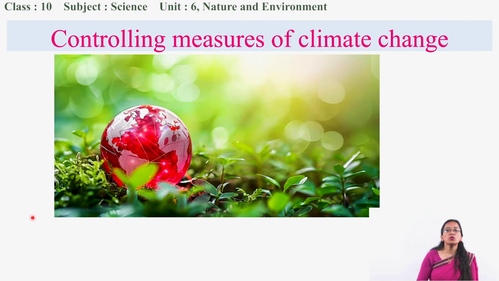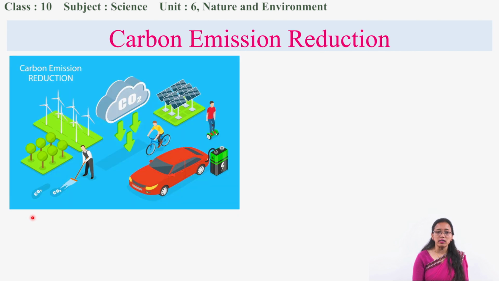Next one is controlling measures of climate change. How can we control climate change? There are various measures which we can take. Let's see what those are. See, in this picture, you can see the people are using windmills. Even more plants are growing, that means to capture carbon dioxide.